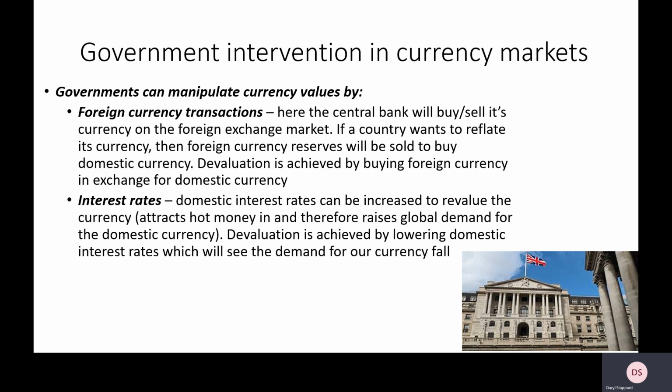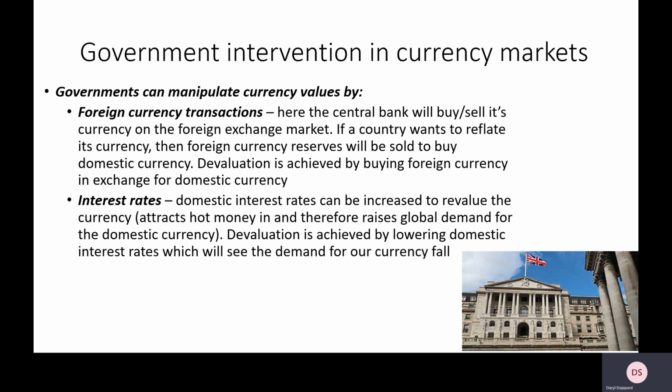If you operate with a managed or a fixed exchange rate system, the central bank will keep reserves of foreign currency. So you would keep dollars, Chinese yuan, and yen from Japan, etc., euros stocked away in the vaults of your central bank. And then you would buy and sell this foreign currency to manipulate your currency value.